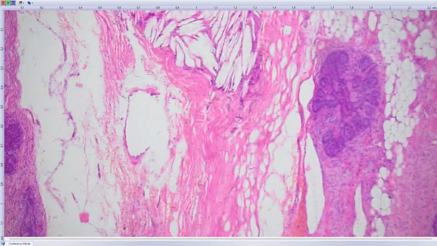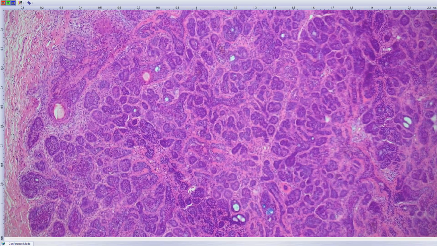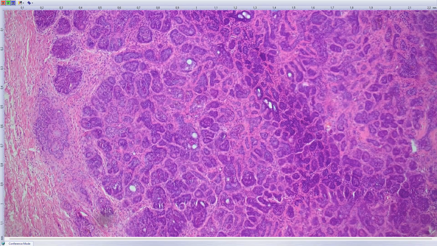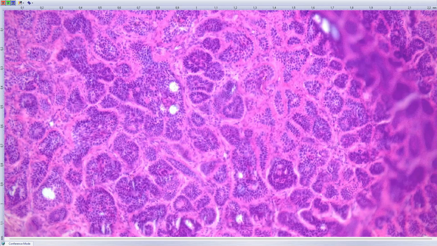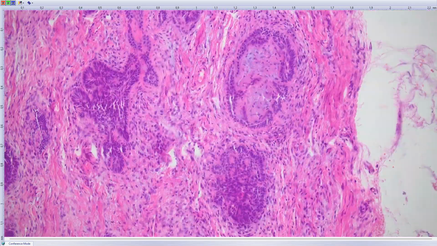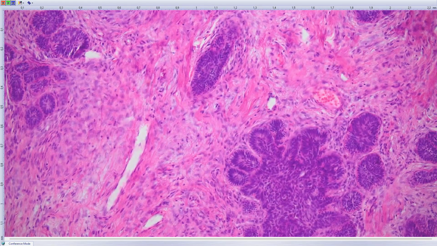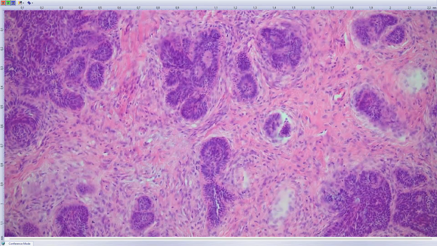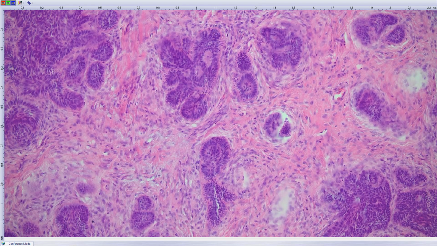And you can see that there are two components, one germinal, which is typical for the group of tumors starting with basal cell carcinoma, but others trichoepithelioma and trichoblastoma.